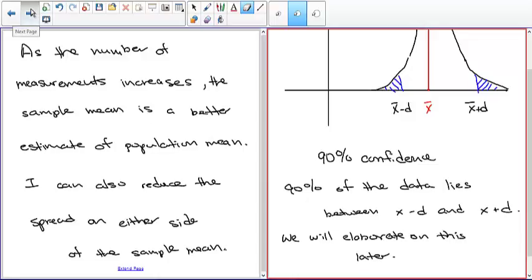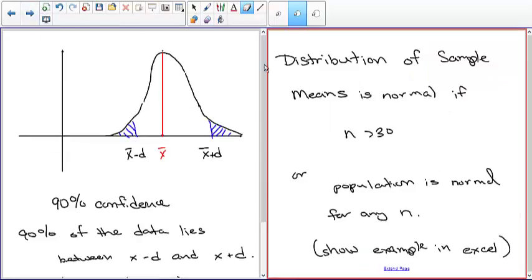So because of that, it's not surprising the technique is going to turn out to be pretty much the same. The key thing here is that for each sample, you're going to have a sample standard deviation, but it turns out that the actual mean doesn't vary as much as the actual data values do.